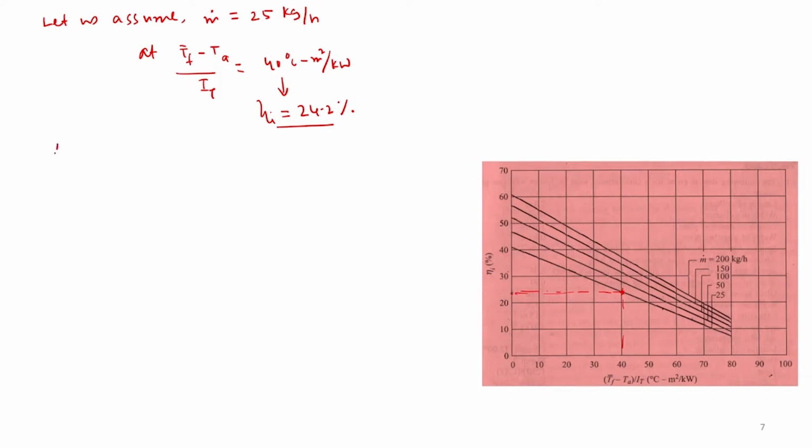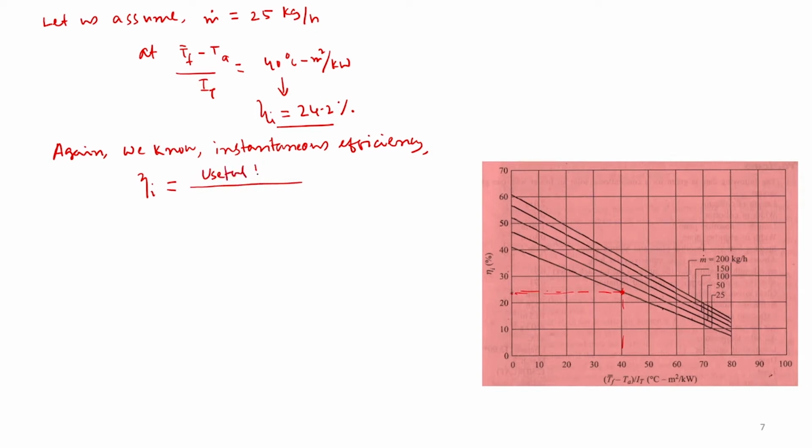Again, we know the instantaneous efficiency, eta I, can be defined as useful heat gain to heat supplied.